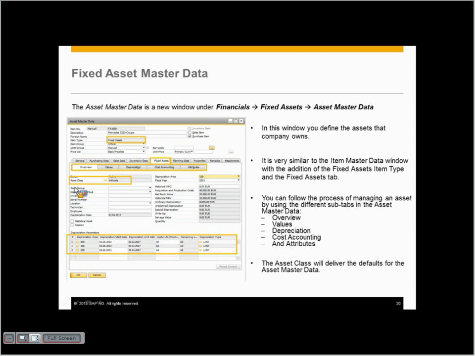And you define here the asset classes, because it's mandatory to set an asset class in the fixed asset master data. And you can define here then as well the asset group, if you have, let's say, a classification for your fixed assets which is not based on the accounting level, like the asset class. A good example would be IT equipment.